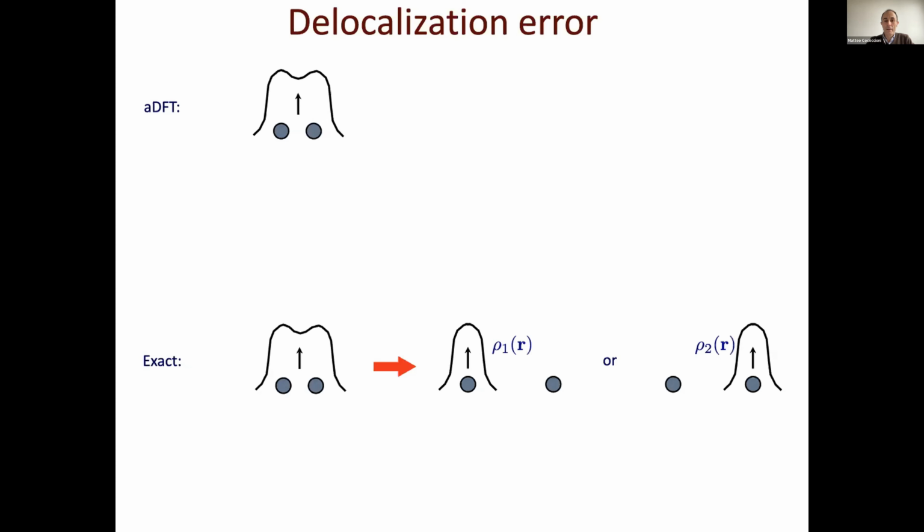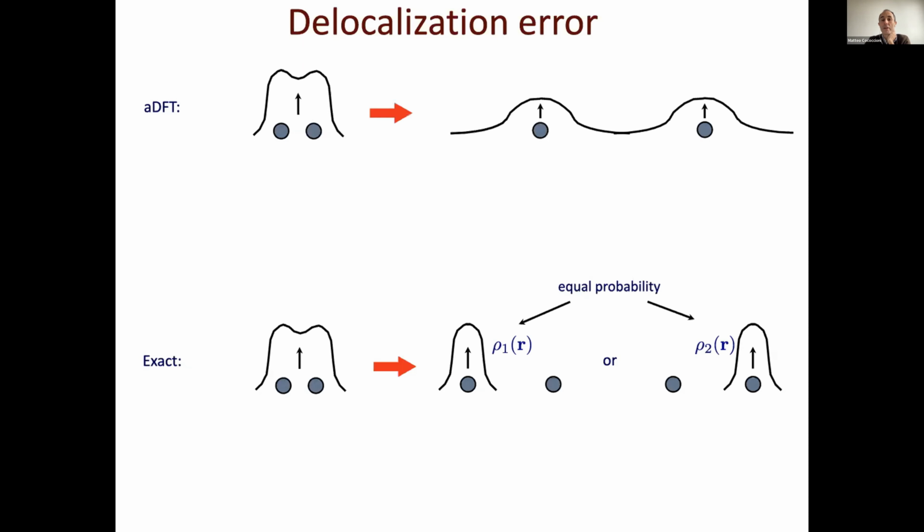And if you call ρ1 and ρ2 the two densities, those two solutions have equal probability, of course, because of the symmetry of the system. If you do it with an approximate exchange correlation functional using DFT, you end up with something like this, half spin on each site, independently of the distance.